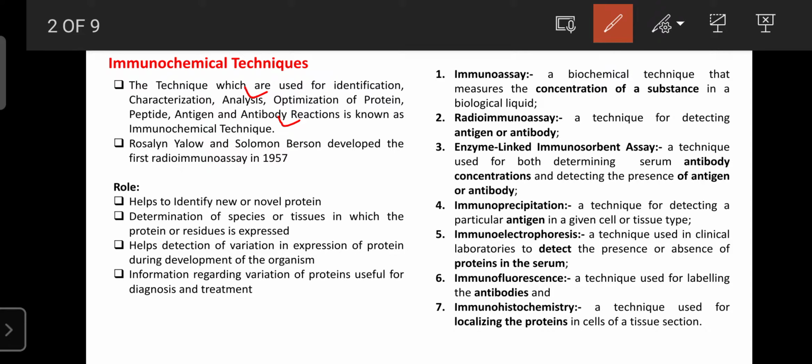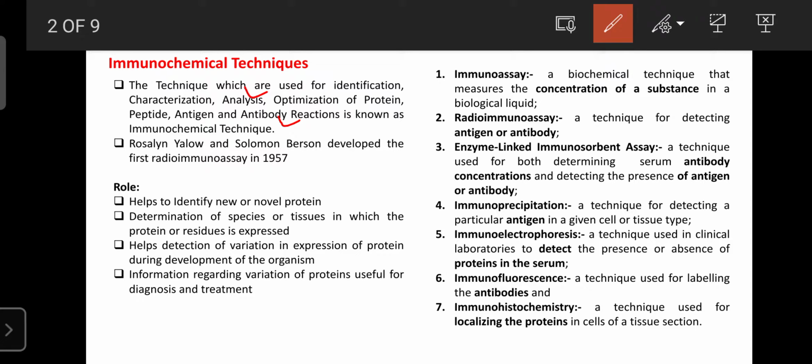For the diagnosis of COVID-19, the first kit was developed by Madam Punekar. She first identified the antigens present in the serum of the patient. She collected serum from COVID-19 patients, then subjected it to immunochemical techniques, and identified some new molecule found in the blood, that is the antigen.